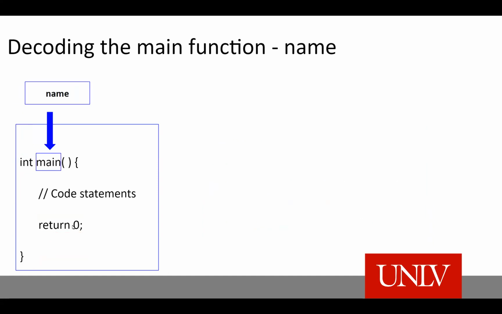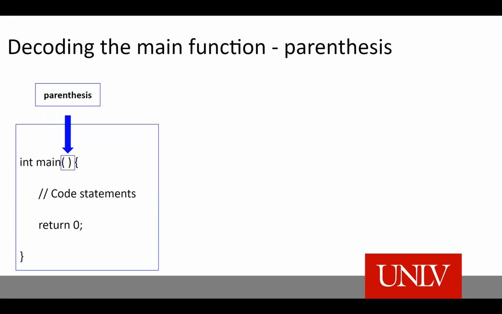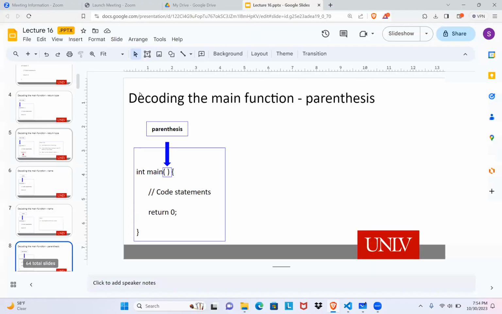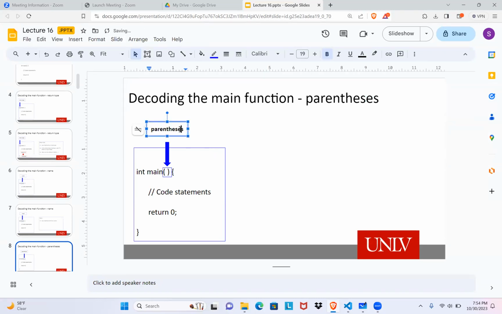Now the second thing: main is a representation of the function name. It's the name of the function, and every function that we write in C++ should have a name. Up next, every function should have parentheses. My bad, I just realized that the plural form of parenthesis should have an E, so I'm correcting it.